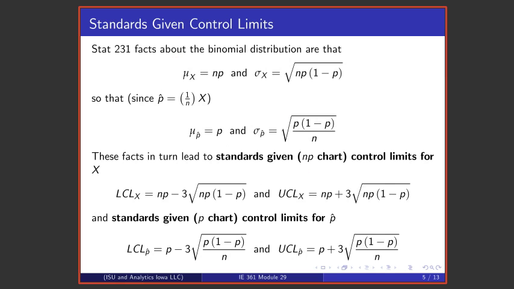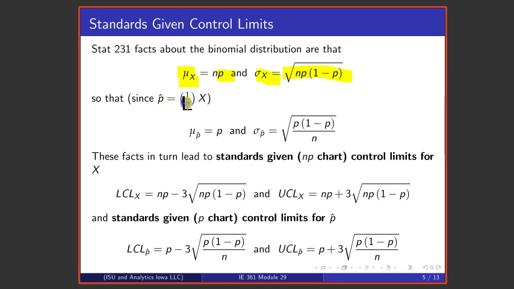If you review your basic probability and statistics, you will come to the conclusion that the mean for a binomial distribution is n times p, and the standard deviation for a binomial distribution is the square root of np times 1 minus p.